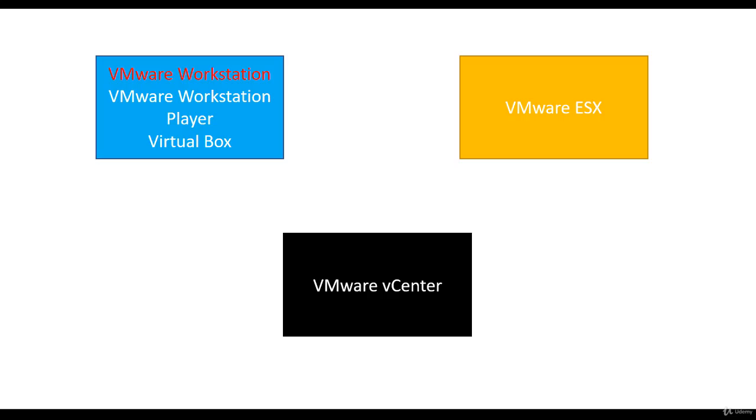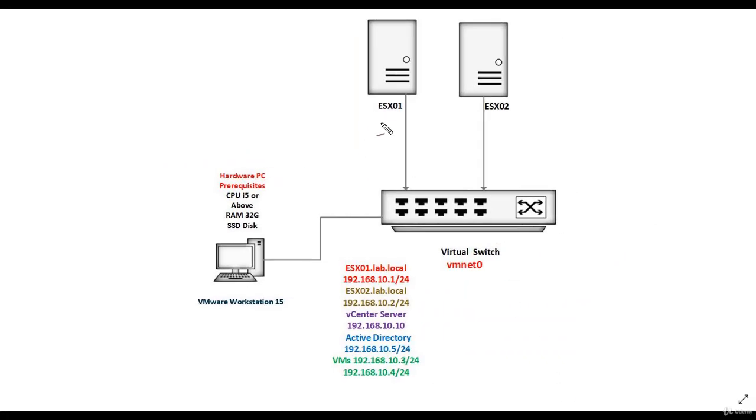So we're going to install ESXi 01 and ESXi 02 on 2 virtual machines. And of course, we're going to install a virtual machine, something like Active Directory or another virtual machine, in ESXi 2 so that we can practice how to install a virtual machine.